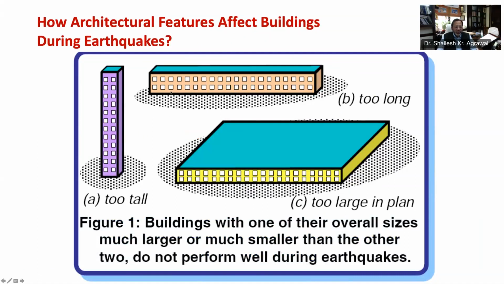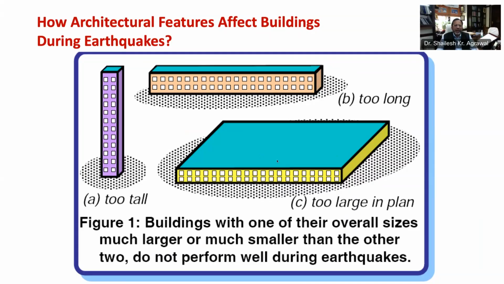Whereas in a short but very long building, as shown here in figure 1B, the damaging effects during earthquake shaking are many. As shown in figure 1C, in buildings with large plan area, the horizontal seismic force can be excessive to be carried out by columns and walls.